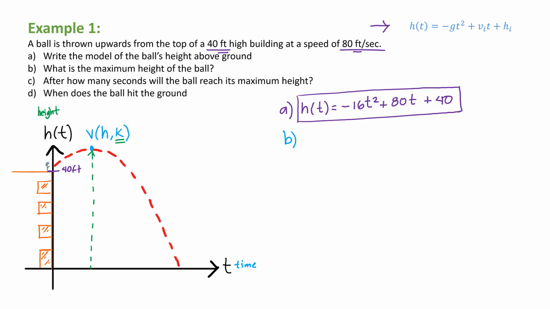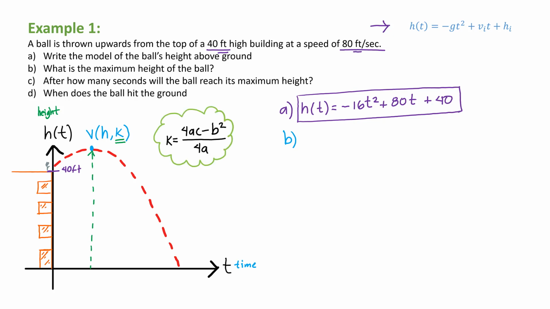Now, there are different ways that we can find the coordinates of the vertex. One way would be to transform the equation to its vertex form in order to identify the vertex. But another way to do it is using 2 formulas, which I'm going to show you. The formula to find k, which is the y coordinate of the vertex, is 4ac minus b squared over 4a.